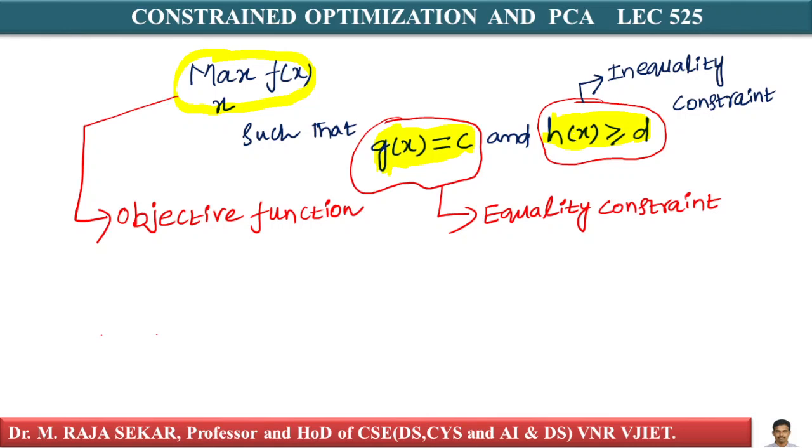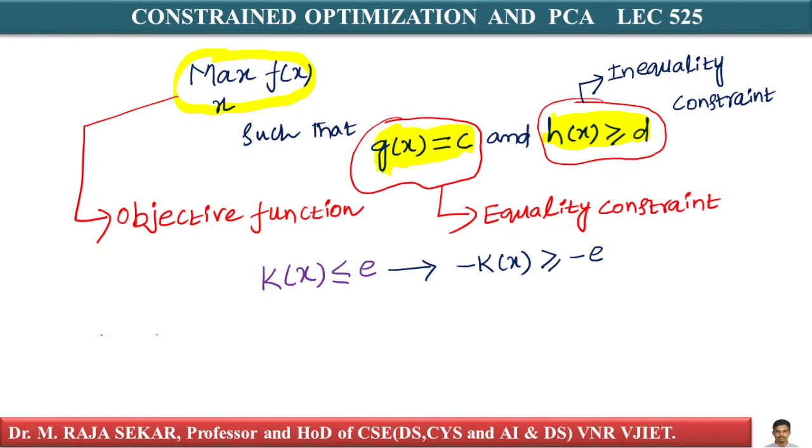Suppose you have something like k of x less than or equal to e. When you have a constraint like this, you quickly change it by multiplying with a negative sign on both sides. Then minus k of x is greater than or equal to minus e.